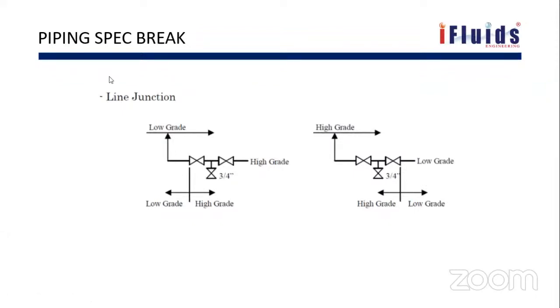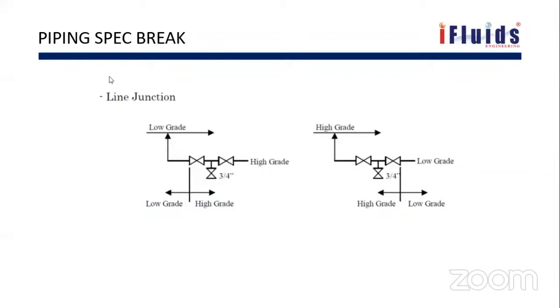So in case of any line junctions, you will have different grades of fuels or fluids flowing into a single header. So one may be at a high pressure, one may be at a low pressure, or some would be at higher temperature, some at lower temperature, or maybe based on fluid composition, the metallurgy may be different.